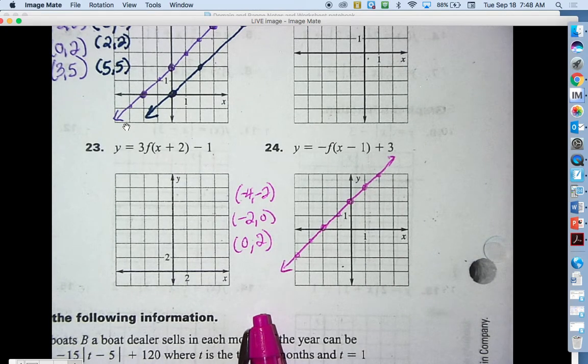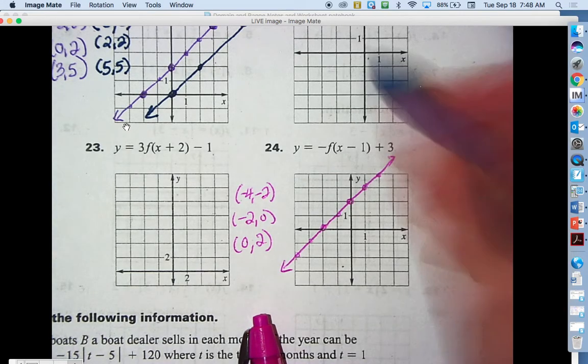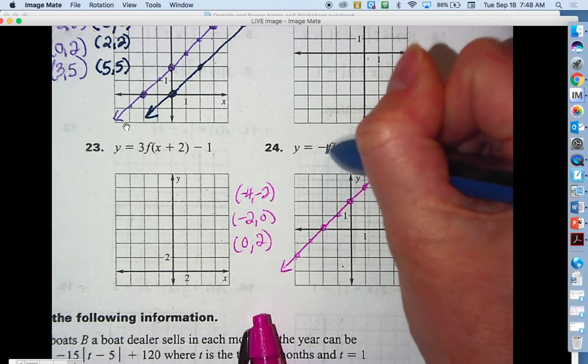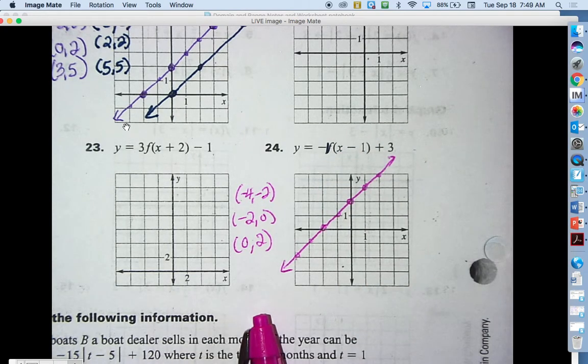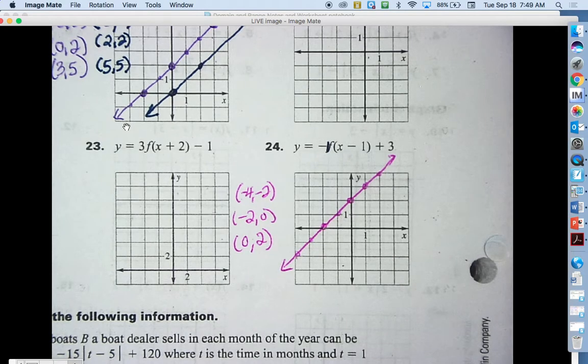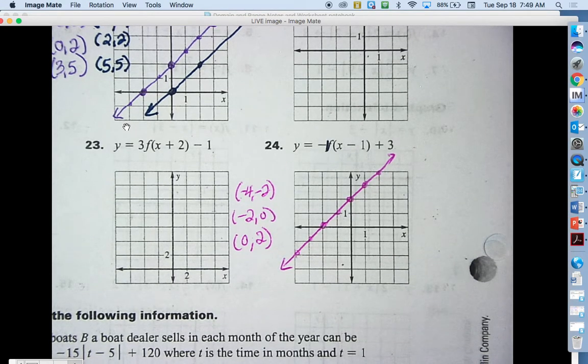So in 24, there are 3 different values. There's a -1, there's a plus sign, and then there's also an x minus 1. So there's this negative here. That really is like having a -1. We have the x minus 1 inside, and then we have that +3. So 3 different things happening. Maggie, can you tell me anything that's going on with this function? Like, how would it move? It's going to be below.